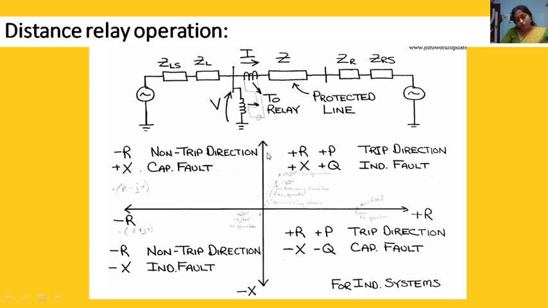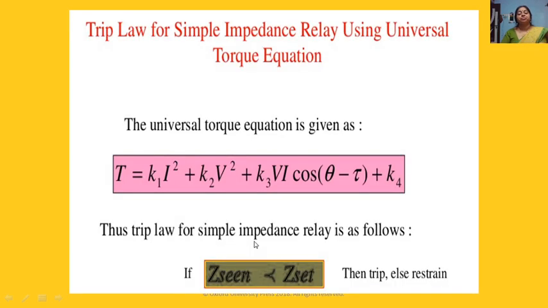The tripping direction is only the forward direction. For a backward, reverse fault, the relay should not operate. It is the non-trip direction. That means relay operation is only in the first quadrant. For the third quadrant, the relay will not operate, as the fault path line will pass through zero and go like this. So this is our operating region, this is our restraining region. The relay should not operate for a fault in this region.